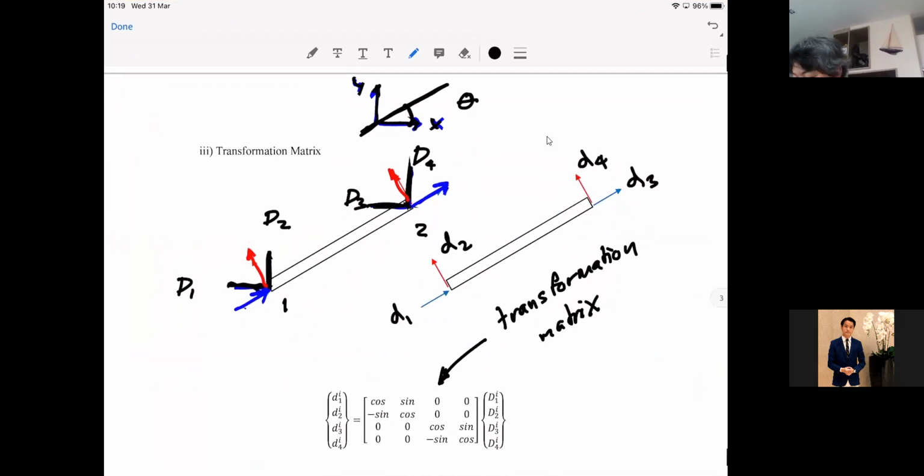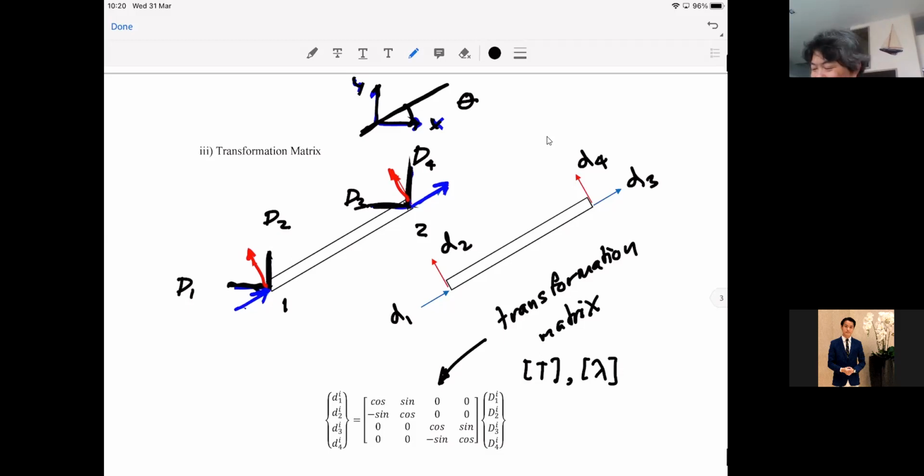Some call it T. Some call it lambda. Okay, I'm just going to call it lambda. I don't know why, but it's kind of a personal preference.